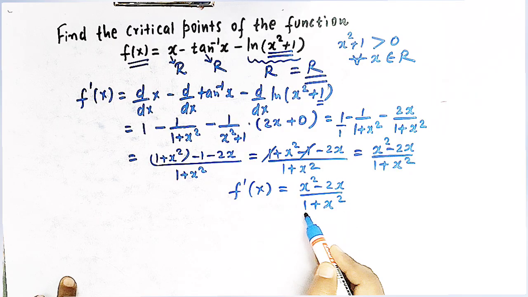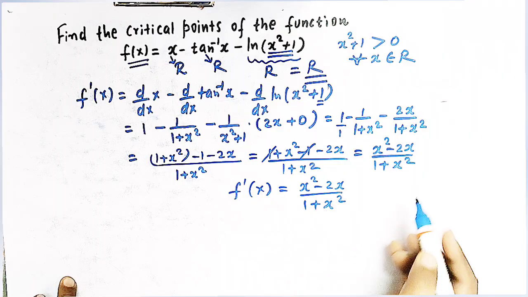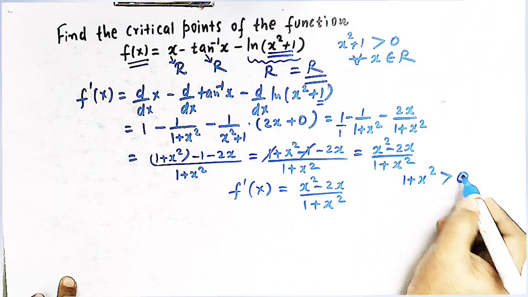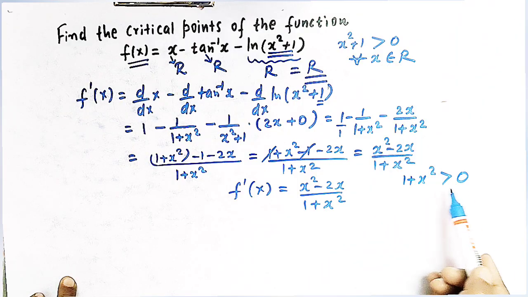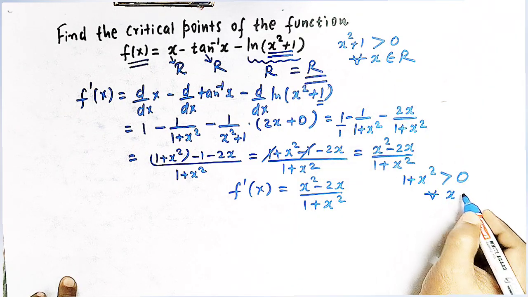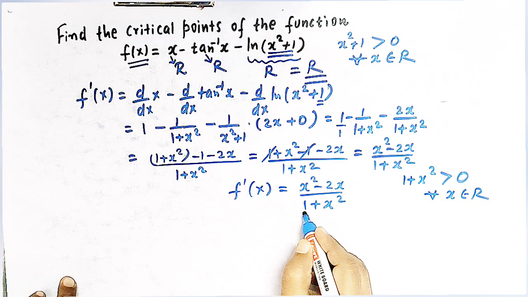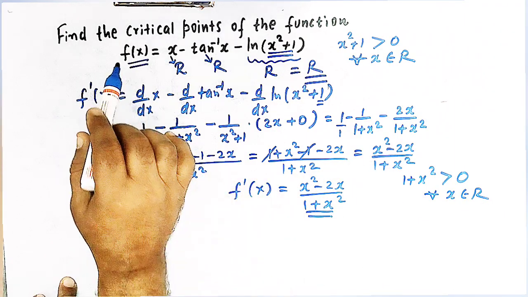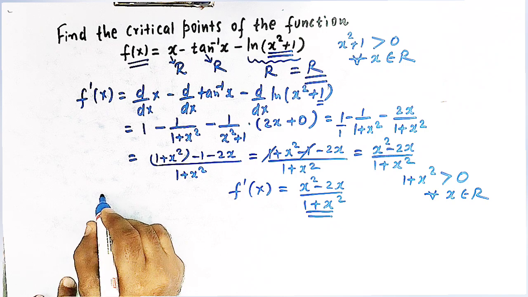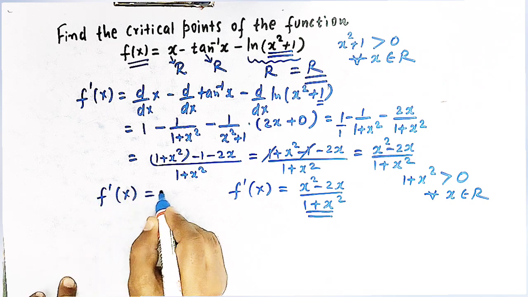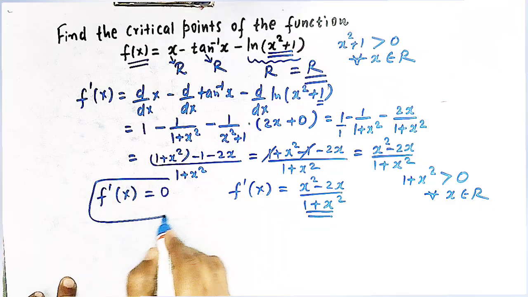So now see here, the denominator, that is 1 plus x square, is always greater than 0 for all x belonging to R, right? So the critical points of this function f of x can be obtained by equating the derivative equal to 0, right?